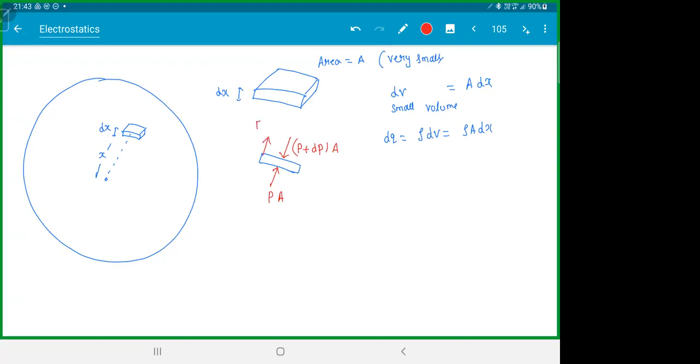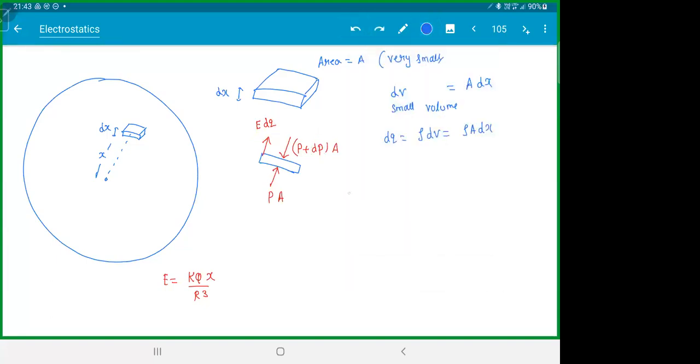The repulsion force will be E into dq. And what is the electric field at a distance x? K q x by r cube. Are you getting what is happening? Because of that small repulsion, the pressure increased by dP. Is that making sense?